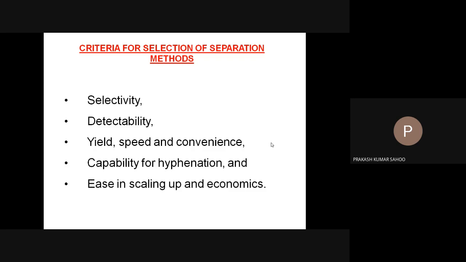So the selection of separation method is very important for separating the constituents from the mixture. The selectivity relates to the capability of the technique to separate the desired components effectively from a complex mixture, particularly containing closely similar components. This is very important.